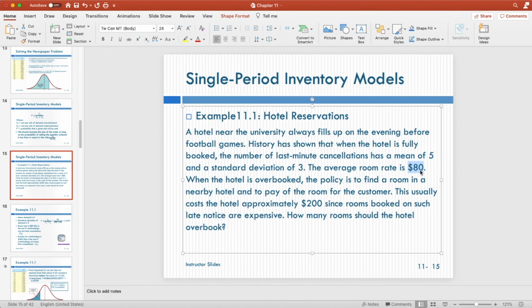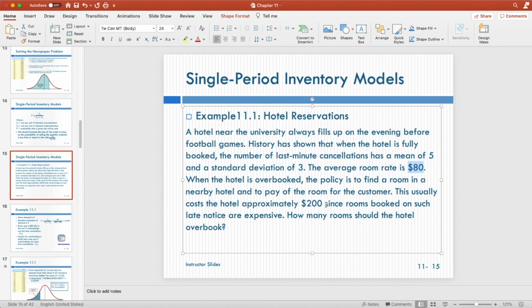Then what is the cost of overstock? In this specific situation, the cost of overstock is very straightforward. Let me give you a quick example. Let's say we have 4 rooms, but 5 different families come. Then 4 of these 5 families can be arranged in our own hotel.